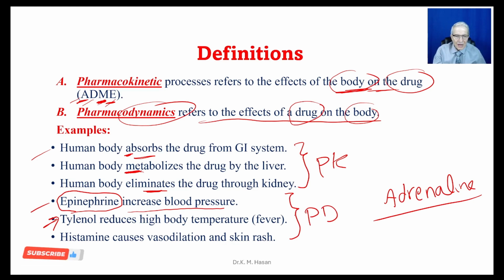So we have here a very important definition: pharmacokinetic and pharmacodynamic. Again, pharmacokinetic focuses on the study of the effect of the body on the drug, that includes ADME, absorption, distribution, metabolism, and elimination. Pharmacodynamics studies the effect of the drug on the human body. So we can say, okay, this medication lowers blood pressure, lowers glucose, decreases temperature, and is used for treatment of fever.